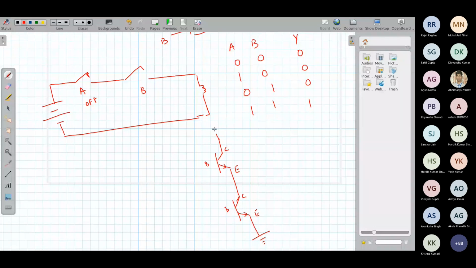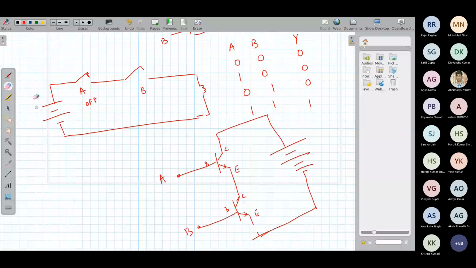Or let me just connect the battery to it. Now, unless you apply a positive signal to this, A, this is B, and you can connect it anywhere in the path of this whole thing.